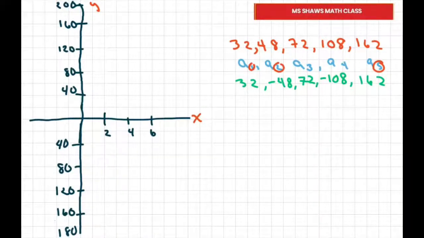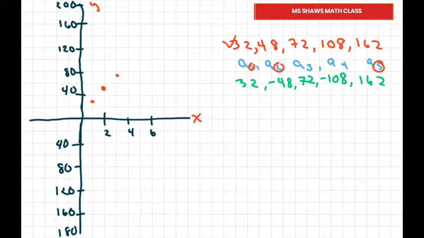So at 1, we're close to 32. And I'm just going to estimate this here. I'm going to put this one in red because I'm doing this one. So 32 at 1. At 2, we go to 48. Again, I'm just estimating. At 3, we're at 72.